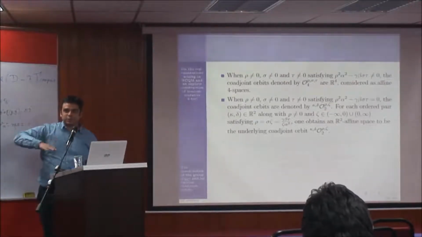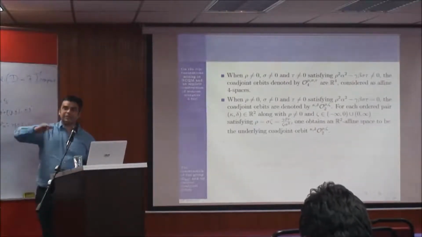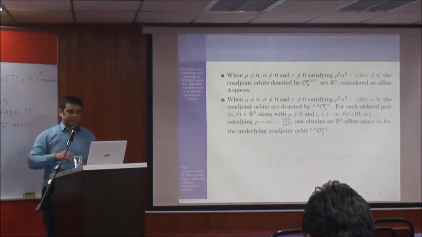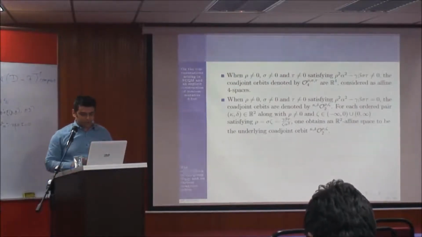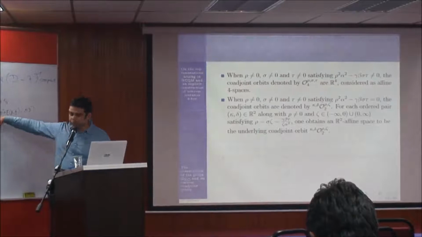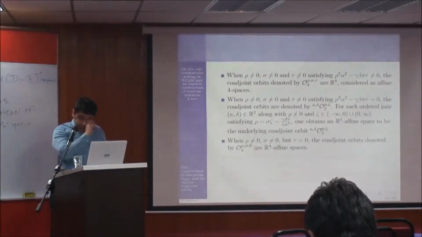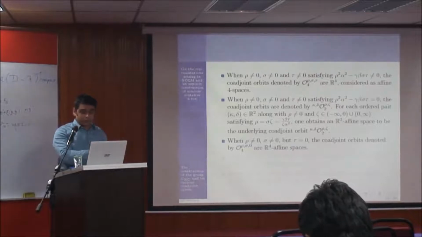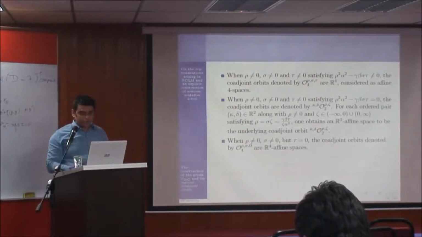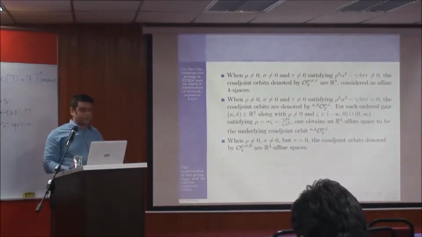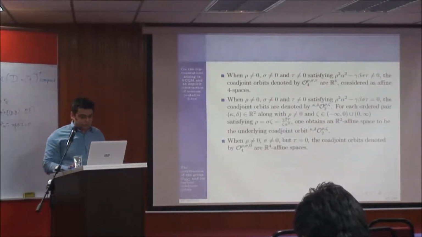This is how the two-dimensional planes are foliated inside the initial R4 space. So this is how the foliation looks. Now, when you are on the ρσ plane, meaning τ is 0, the coadjoint orbits are also R4 affine spaces.